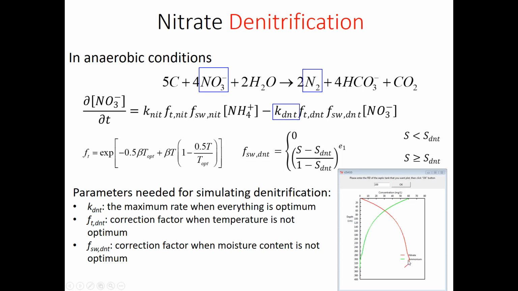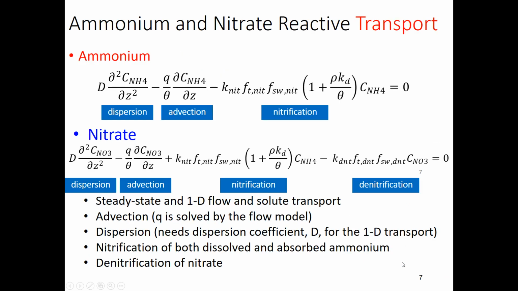Because water is saturated, above this layer is aerobic condition, but within this thin layer is anaerobic condition. So denitrification occurs in this thin layer, right? That's why nitrate concentration decreases, maybe slightly, in this layer. So there's a physical meaning for this, right?